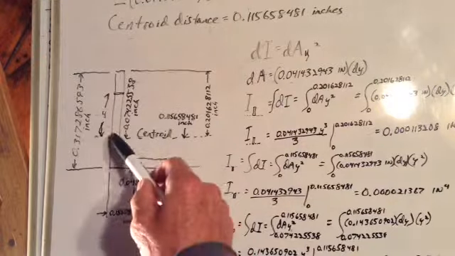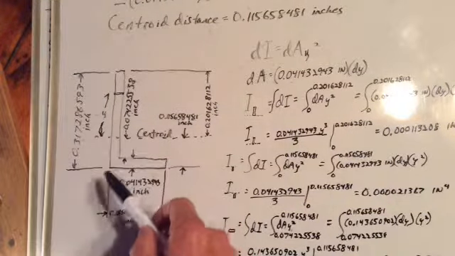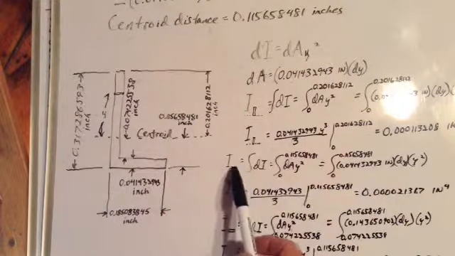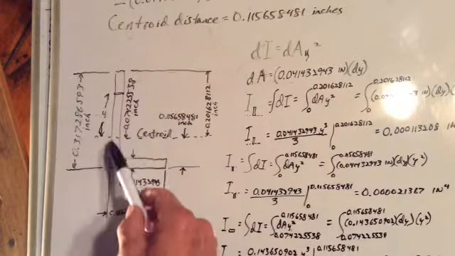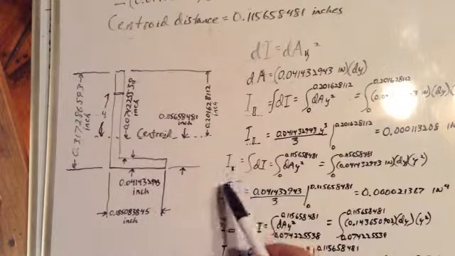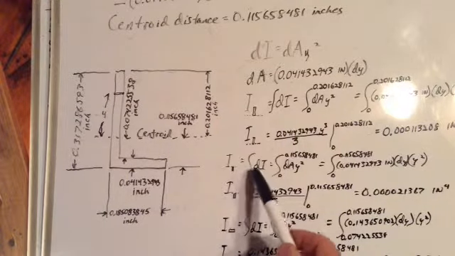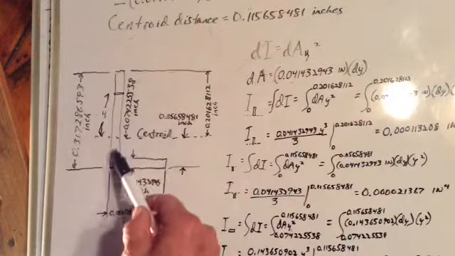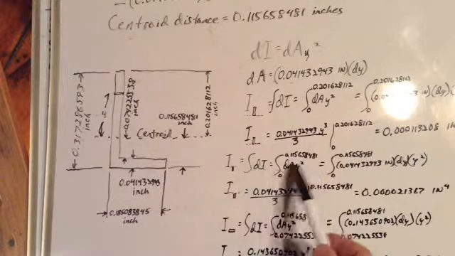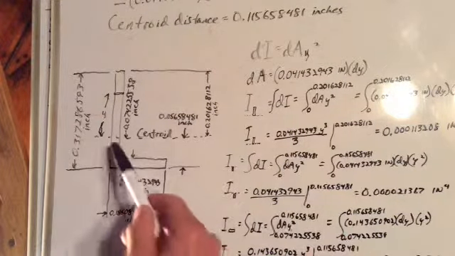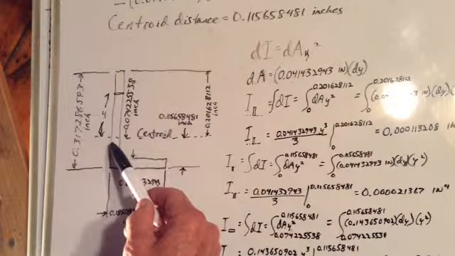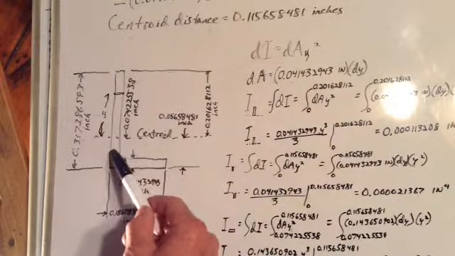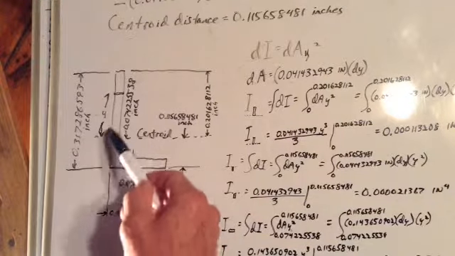Now let's figure out the contribution of this part of the L. Okay, notice I've got it drawn below the dotted line there. Dotted lines are centroid line. It's the integral of all the little itsy bitsy dI's between there and there, which is all the little itsy bitsy dA's between there and there, times the square of their distances between there and there. That one's there to there, that one's there to there.